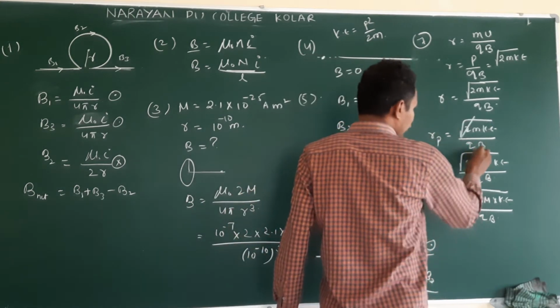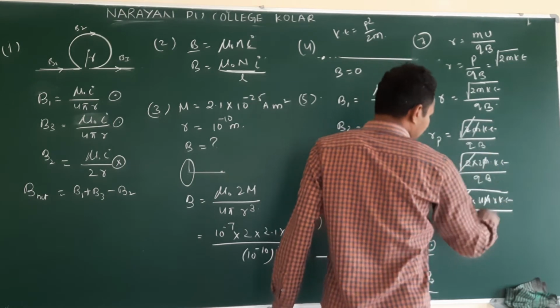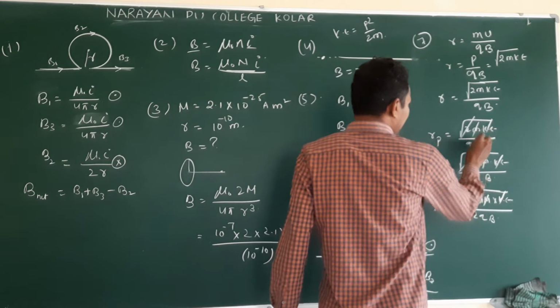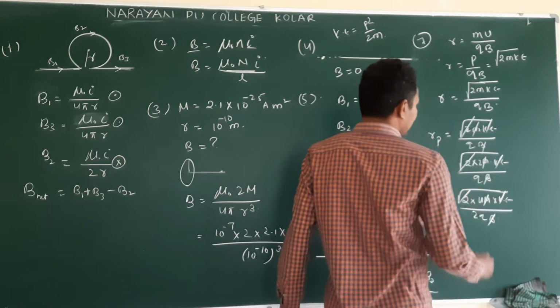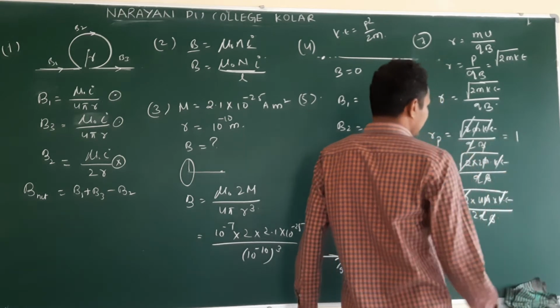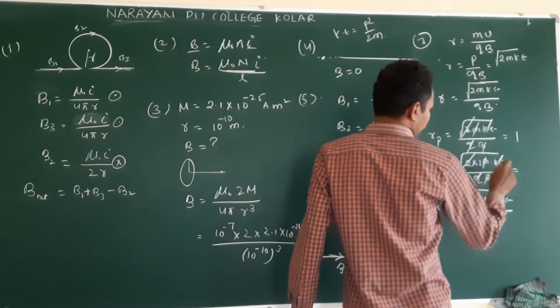Then what happened? Root 2 will be cancelled. In all, m cancels, KE cancels, B cancels, q cancels. Here what do we have? If you take it as 1, here we have root 2.